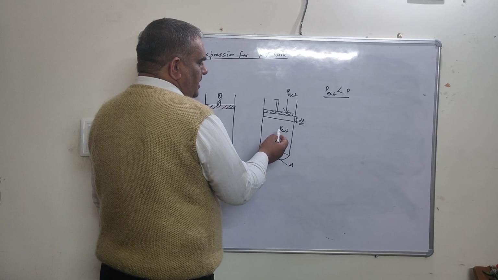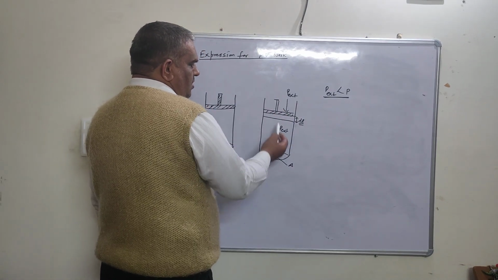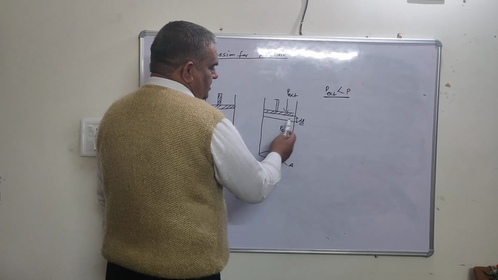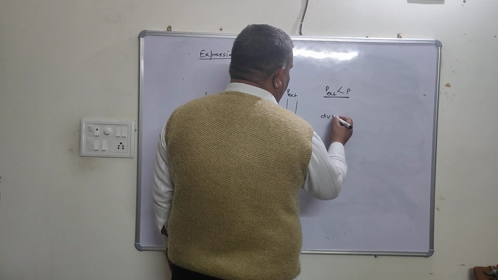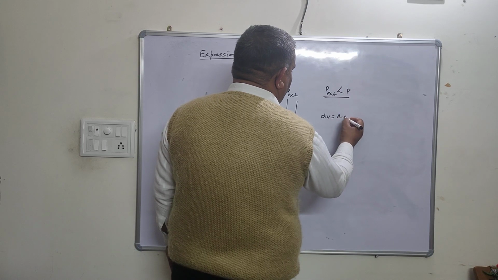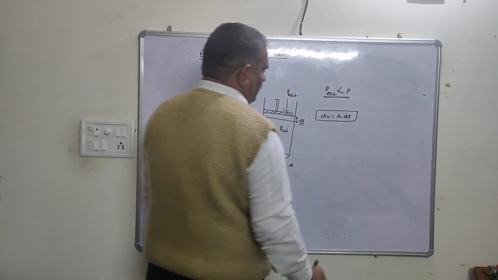This is called expansion. When the piston expands through a small distance dl, the change in volume dV equals area multiplied by dl.